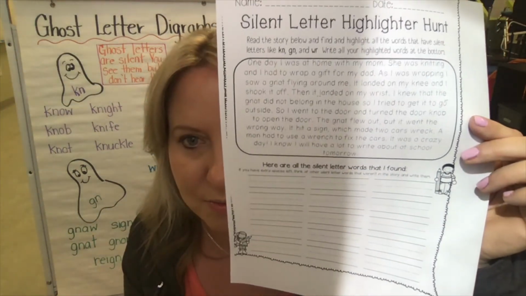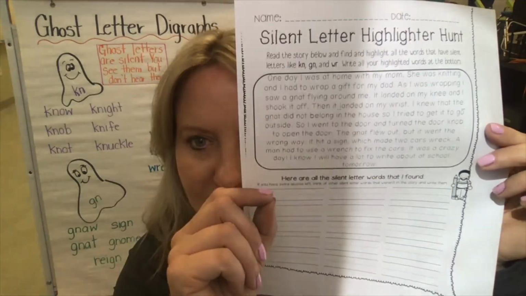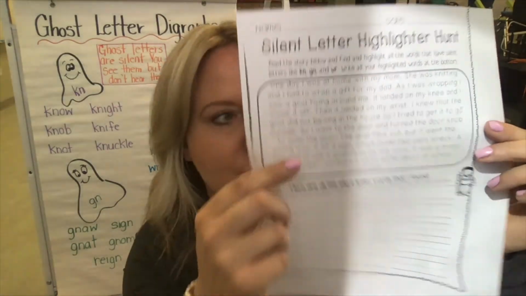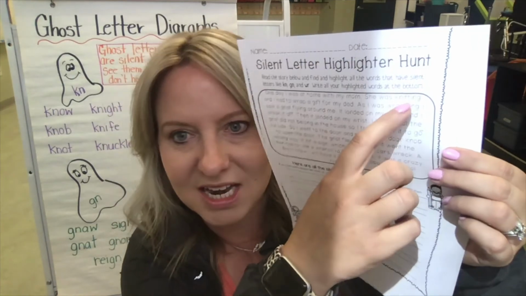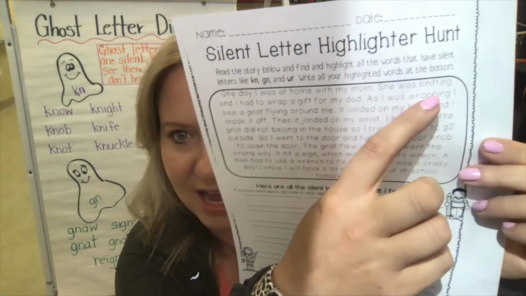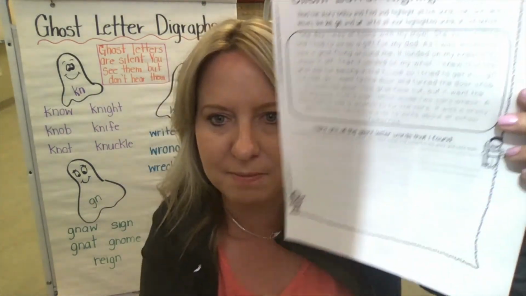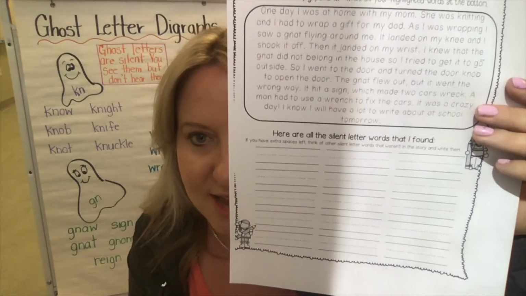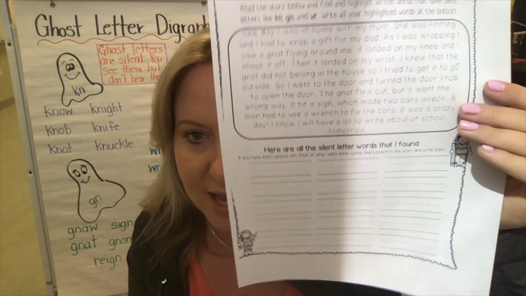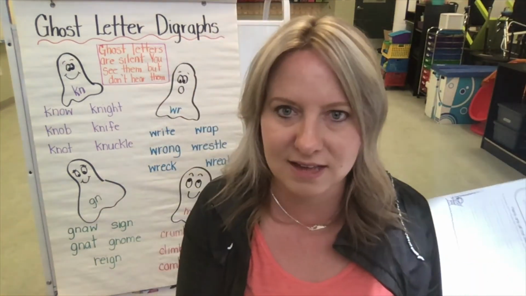So for example, here I see the word knitting. I'm going to highlight that word knitting. Then at the very bottom, you're going to write down all of those words that you highlighted that have silent letters inside.